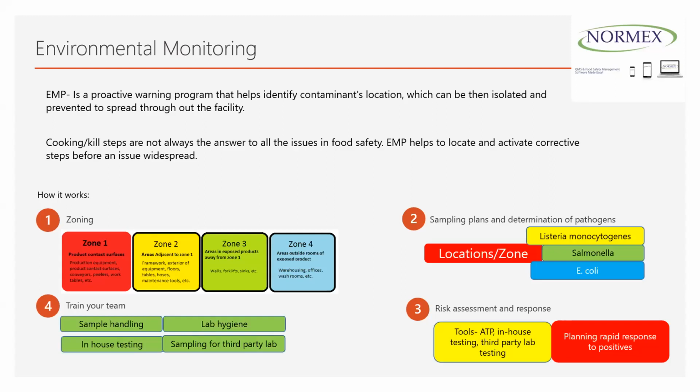So the fourth point is to train your team. You may get some false positives based upon how your quality technician or your team is handling the samples. For example, your team member doesn't know better, and while collecting a sample, they're not wearing gloves.